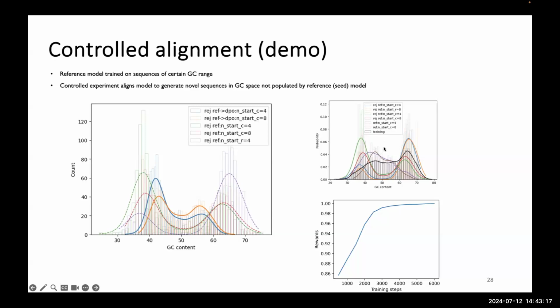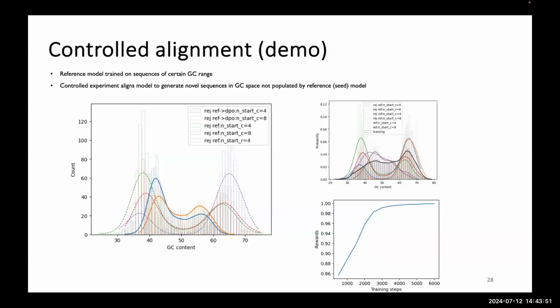So for the MDH family, at the ground truth data level, the GC content distribution looks like this. That's the black curve. Roughly the values go from about 30 to 75 plus. So what I did was take the sequences with GC less than 45 and greater than 60, and that formed my dataset for supervised fine-tuning. So I fine-tuned a model that only saw those sequences.